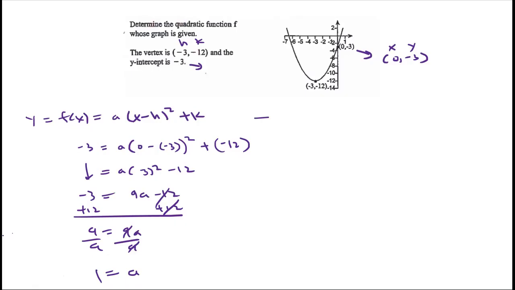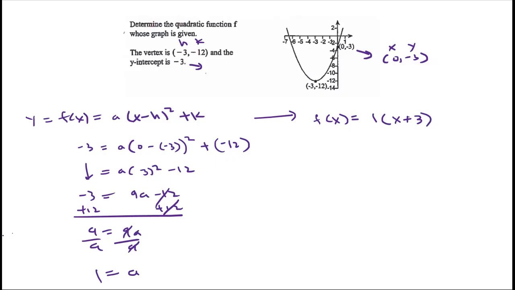Now we take this information and rewrite it. We have f of x is equal to a, which is just 1. Since we move this to the left, it's going to be the opposite, so it'll be x plus 3. Plus 3 goes to the left.